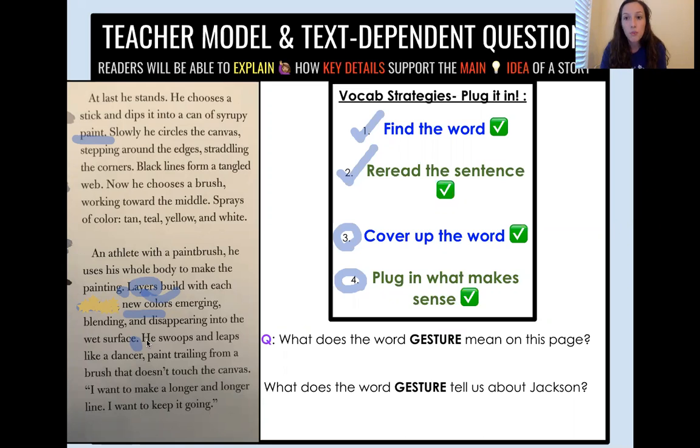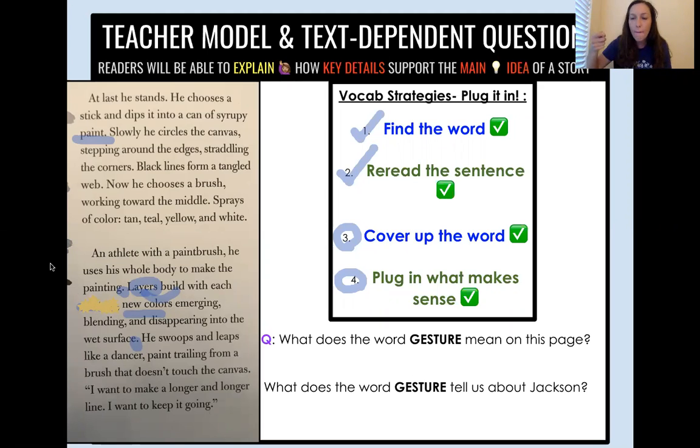So we tried the word movement. You heard me read it in the sentence. And if we go back and think, he's making layers, which means that the paint is stacking on top of each other. And I also know from reading this page that he is just dripping that stick. And he's dripping it again, because he's walking around in circles on the canvas.